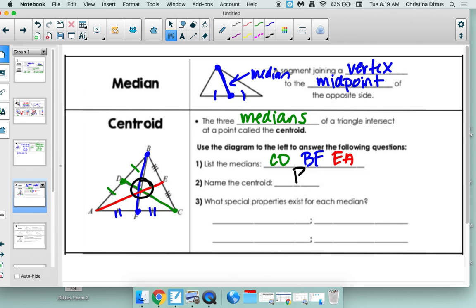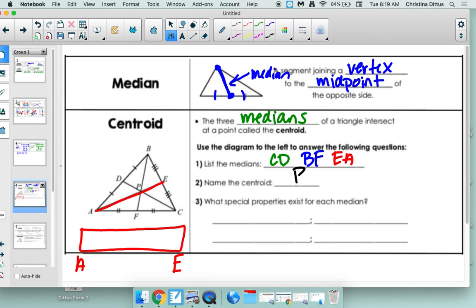Alright. We have some fancy things with medians and centroids. I'm going to erase this lovely drawing that I did. Mid-segments are half as long. Centroids, you got to break things down into thirds. Okay, so if I look at this median AE, I like to break it down into a box.